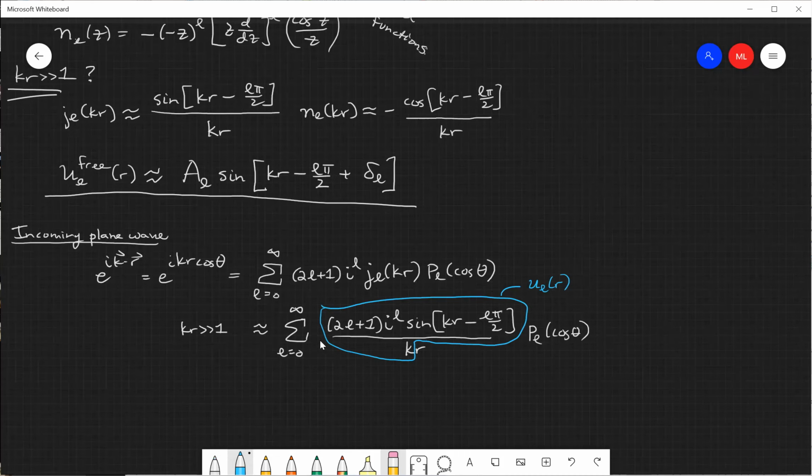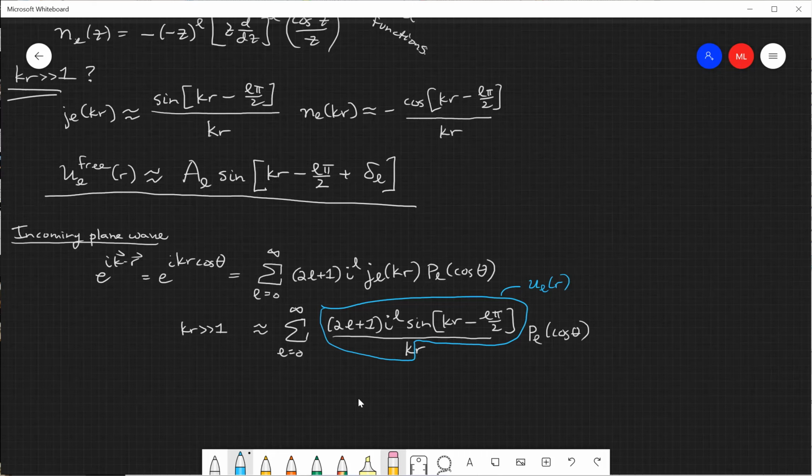You'll have a certain value for these A_L's, which has to be (2L plus 1) over K business, times this I^L. So you can make this connection and see which values of A_L and delta_L give this solution. Delta_L has to vanish. That's what you would get for an incoming plane wave. That's the solution we're looking for.